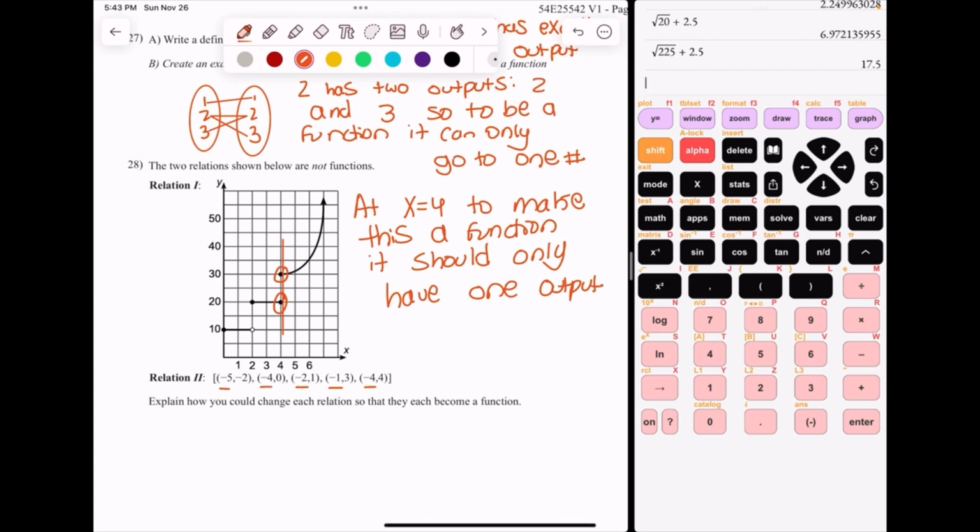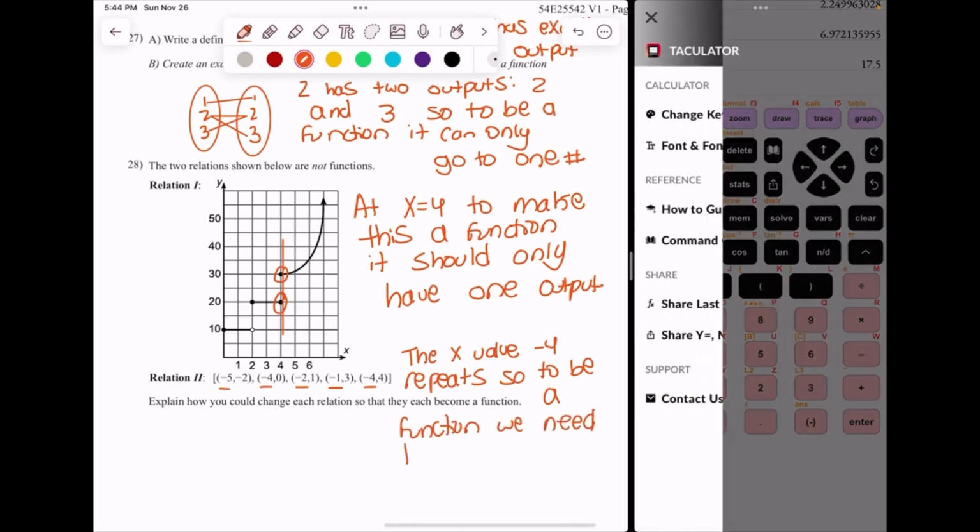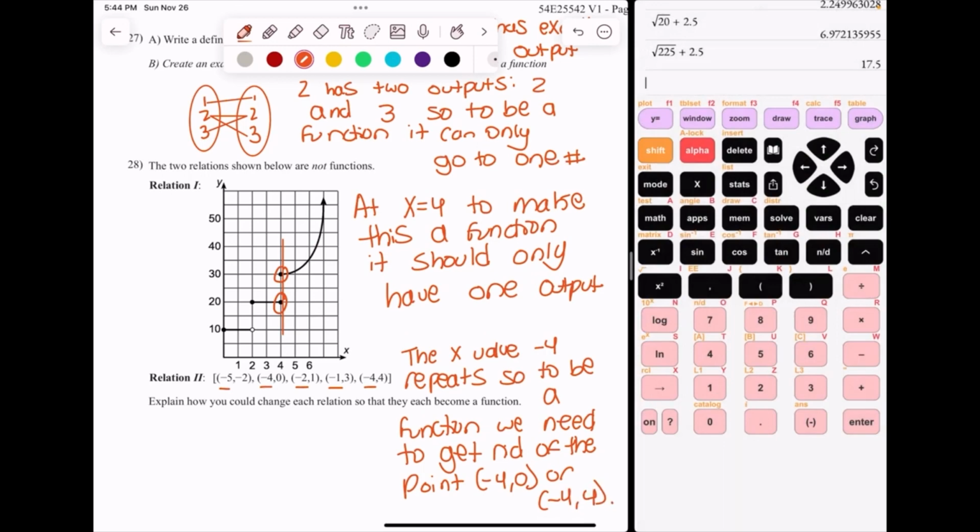The x value -4 repeats. So to be a function, we need to get rid of the point -4, 0 or -4, 4. Good. Because then as long as -4 is only there once, that would mean that the input -4 only has one output. Right now the input -4 has 0 and 4 coming out of it.